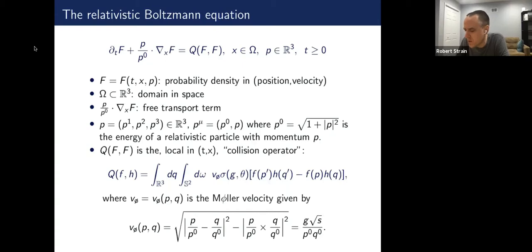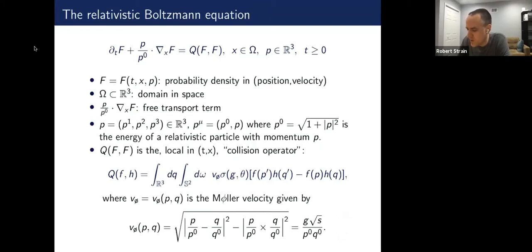This model explains the effects of collisions in particle dynamics. Here v is the Moller velocity, a relativistic invariant quantity. It's kind of like the distance p minus q, but it has to be Lorentz invariant.